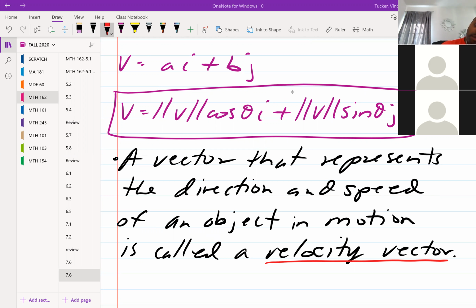All right, so that final statement, a vector that represents the direction and speed of an object in motion is called a velocity vector.